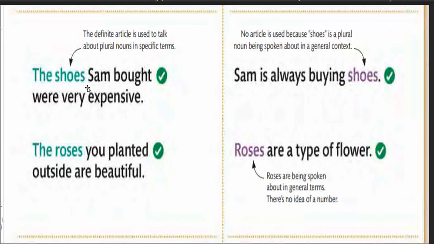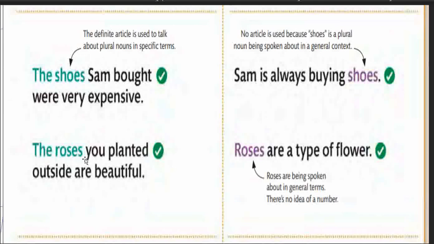You cannot say our shoes, so you had to say a pair of shoes, so that the shoes. Over here we have said the shoes Sam bought were very expensive. The shoes, why? Because talking about something specific. The definite article is used to talk about plural nouns in specific terms.